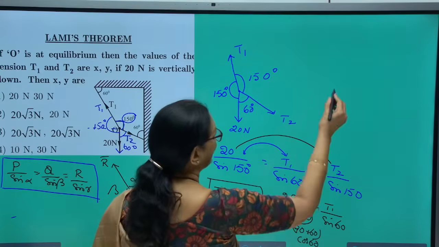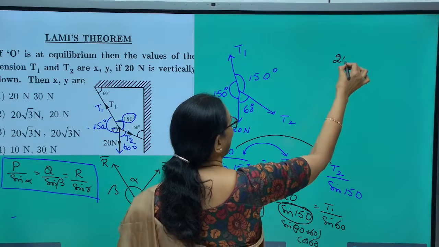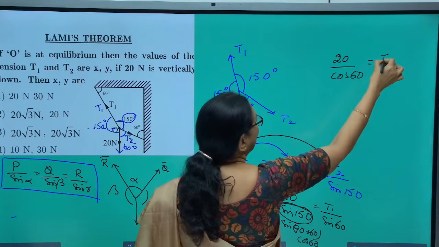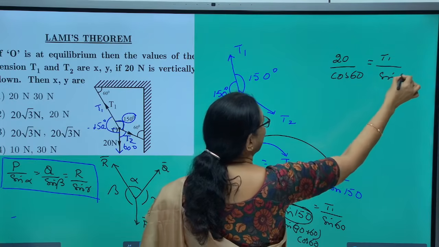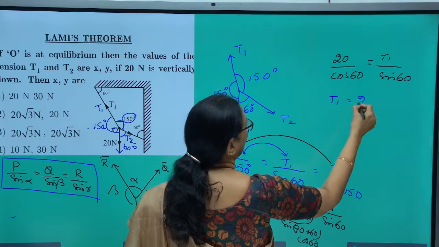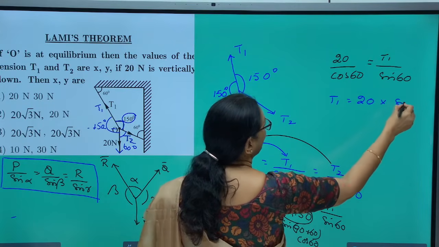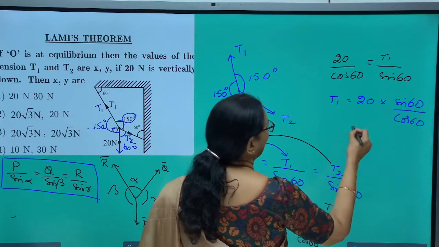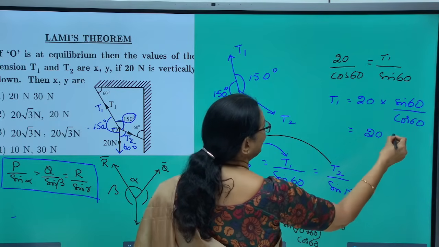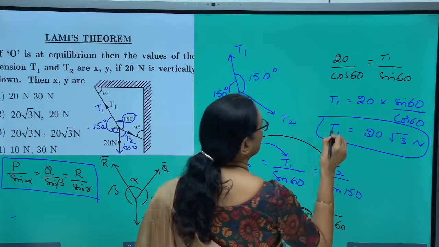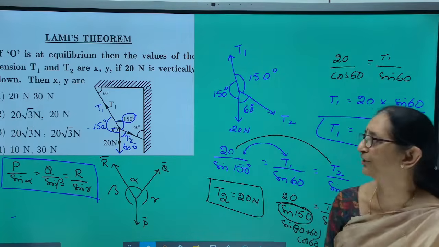So, from this expression, 20 by cos 60 is equal to T1 by sine 60. That implies T1 is equal to 20 into sine 60 by cos 60. Sine 60 by cos 60 is tan 60, that is root 3. So, T1 is equal to 20 root 3.